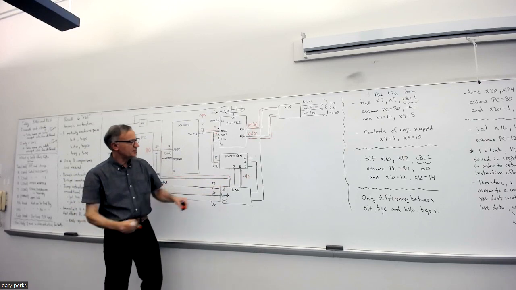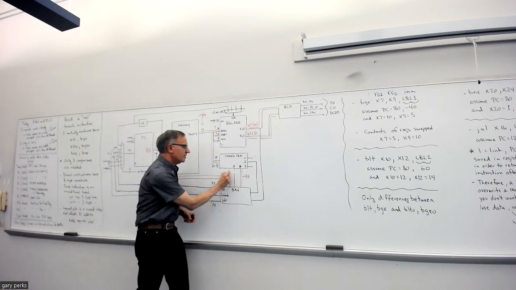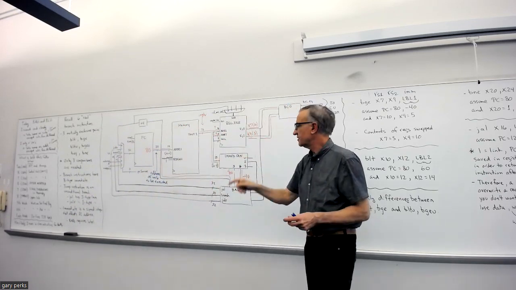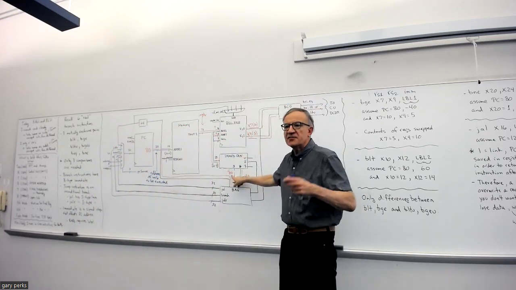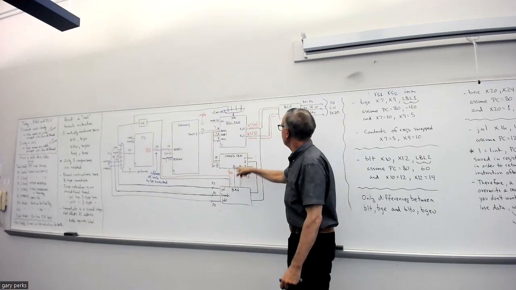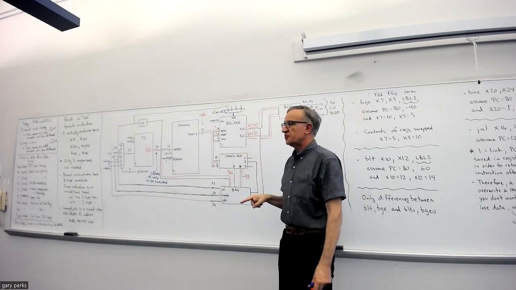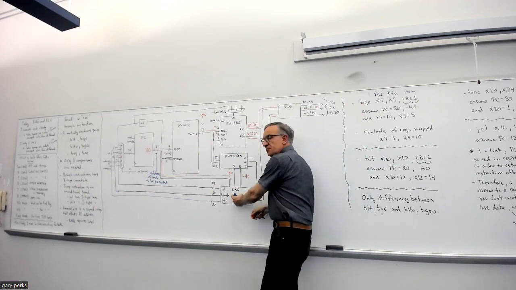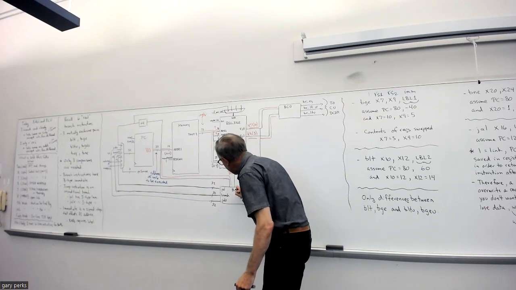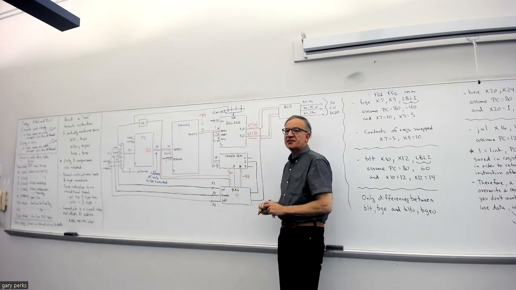At this input, you're going to have the address of the instruction that we're currently on, the instruction being executed, which in this case is the branch greater than or equal to. So what the branch address generator is going to do is add those two inputs together.